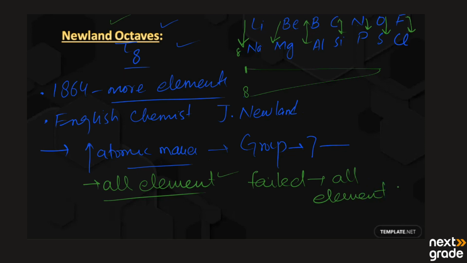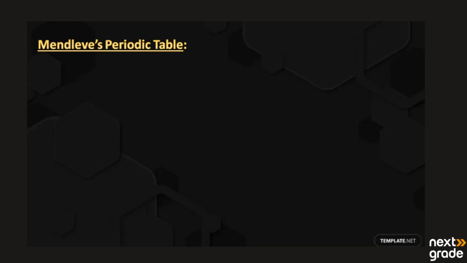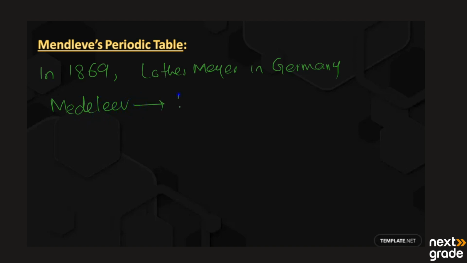Next, we have Mendeleev's periodic table. In 1869, two chemists, Lothar Meyer in Germany and Mendeleev from Russia, at about the same time, independently worked on a very similar arrangement of the elements.